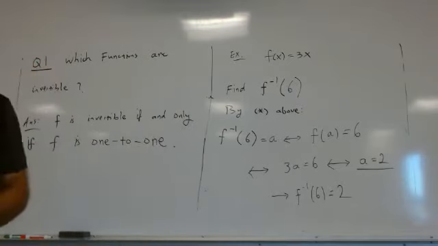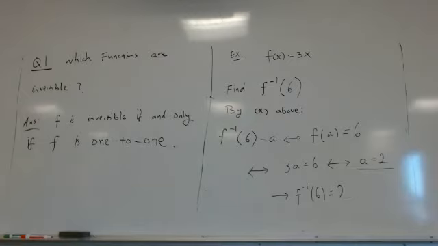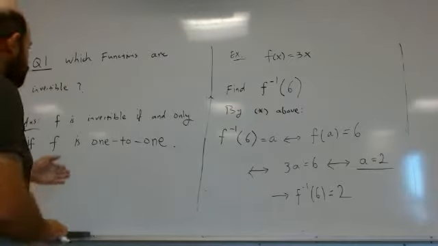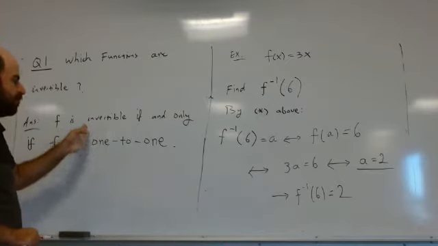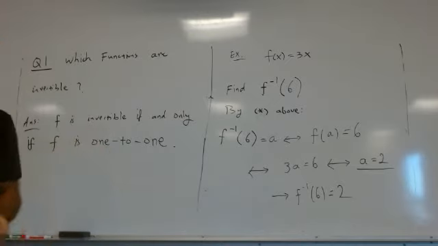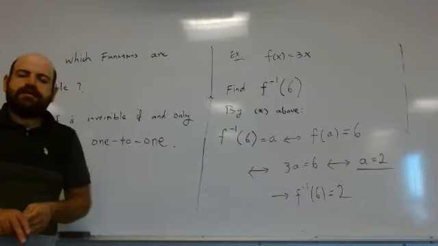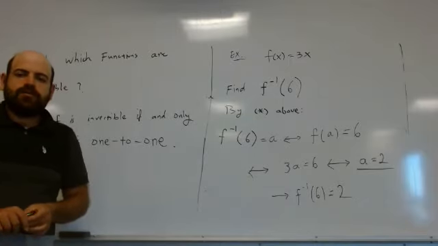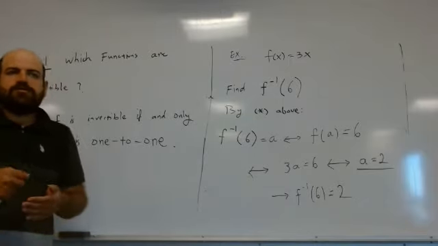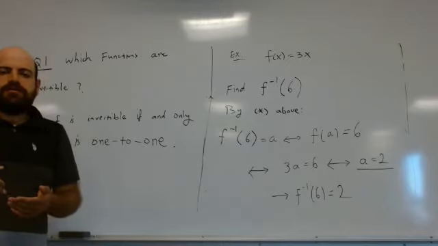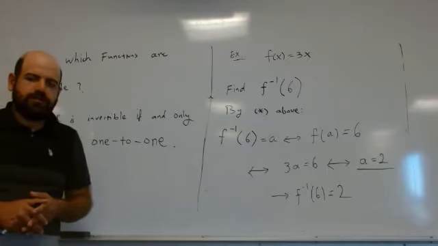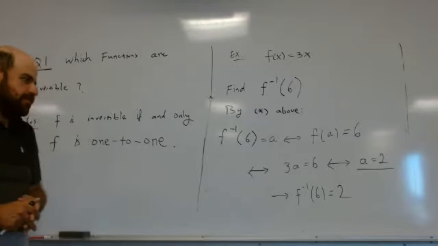So 1-to-1 functions are invertible and invertible functions are 1-to-1. To answer whether a function is invertible, you just need to check whether it's 1-to-1 or not. We already explained how to check whether a function is 1-to-1, or how to check a function is not 1-to-1, and how we should write our solution in each case.